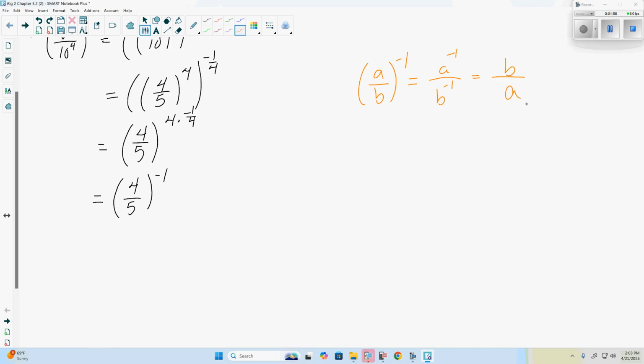Or we could have said that a over b to the negative 1 is the same as b over a, which for us would be 5 over 4. And number 8 is the exact same thing. If you notice that one, instead of 4 and negative 1/4, I think it's 3 and negative 1/3. So it's really going to be treated the exact same.